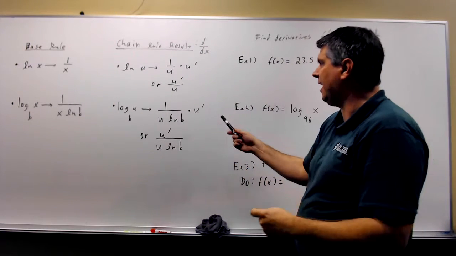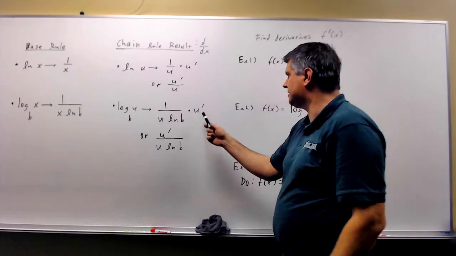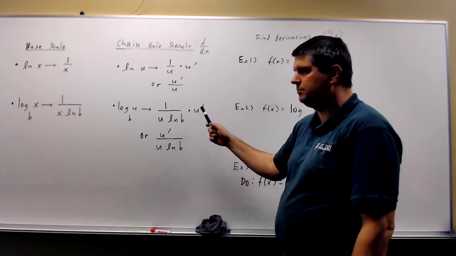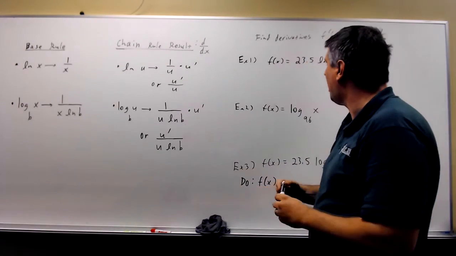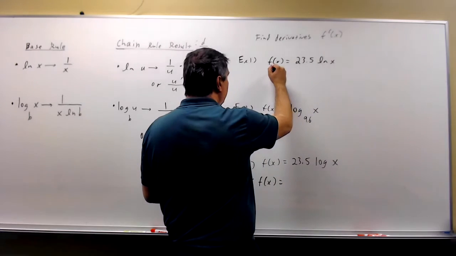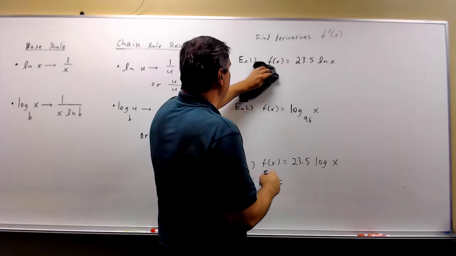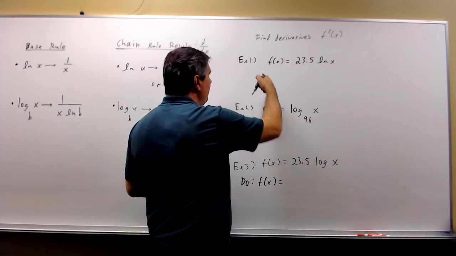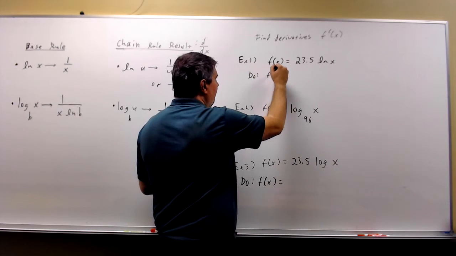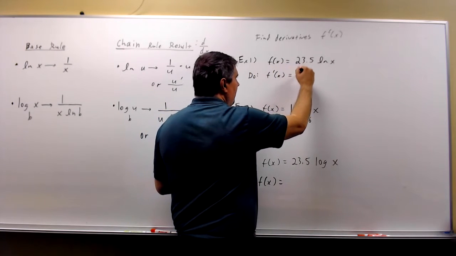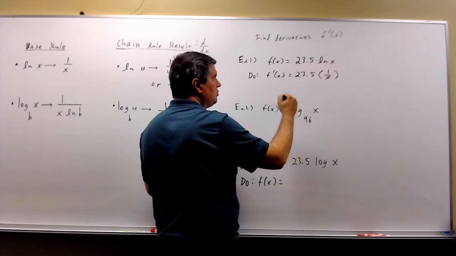Same idea. u prime times 1 would just be u prime over u. And the same principle follows here. So, f prime of x, for example 1, if f of x is 23.5 natural log of x, would therefore be 23.5 times the derivative of the natural log, which is 1 over x.